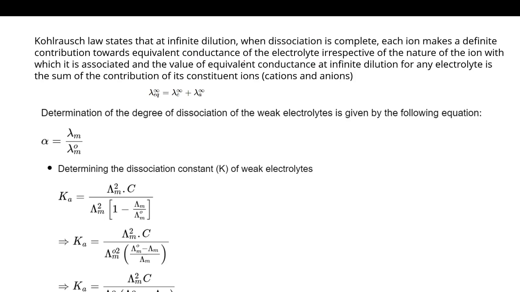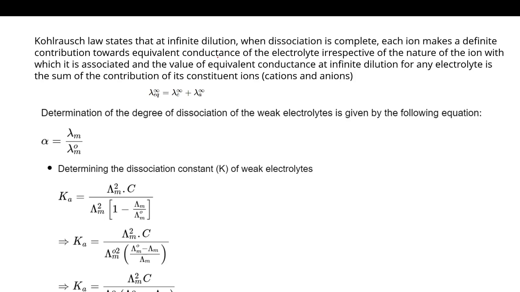You know the conductance; conductance is the reverse of the resistance. So the equivalent conductance of that electrolyte, how much it will be conducting, depends on the contribution of all the ions present in that weak electrolyte.